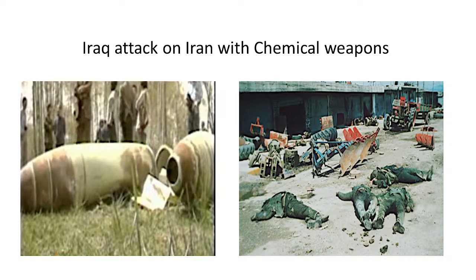The Iran-Iraq war was fought from 1980 to 1988, and from 1983 till 1988 Iraq was continuously using chemical weapons, in the form of nerve agents. Mainly they used sulfur mustard, causing thousands of deaths of Iranian soldiers. And still, if you go to Iran, there are war veterans in whom you can see the adverse effects of sulfur mustard.